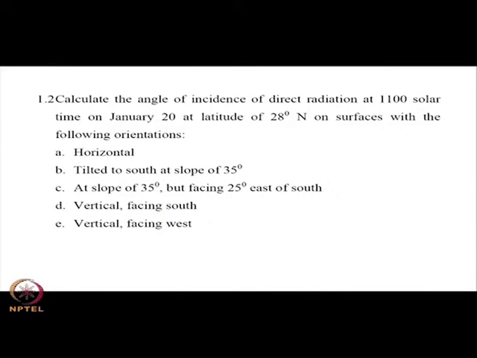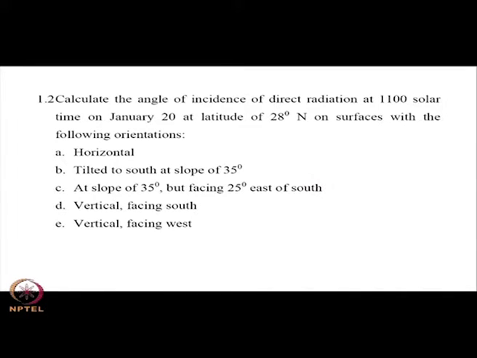So, the second problem deals with calculating the angle of incidence of direct radiation at 11 o'clock solar time on January 20th at a latitude of 28 degrees north on surfaces with the following orientations. Throughout these exercises, we mean only the solar time, except when we state otherwise.